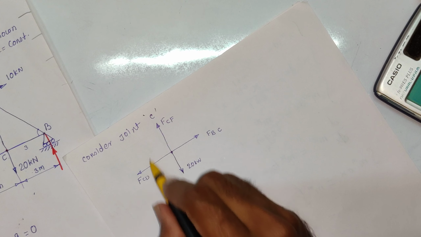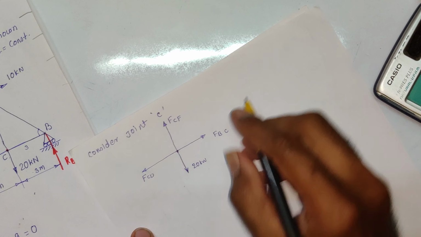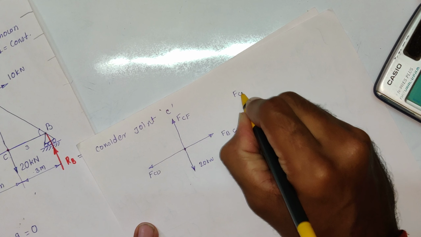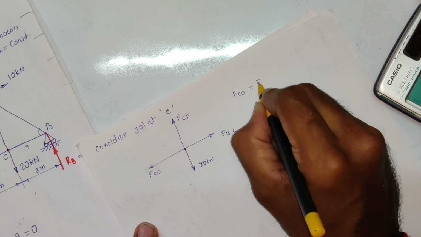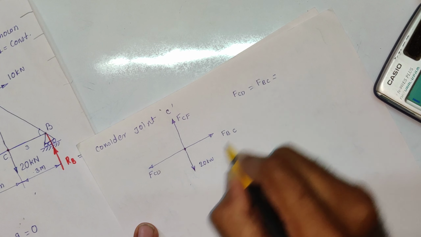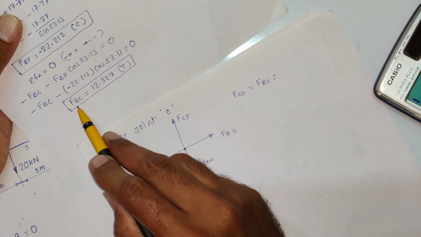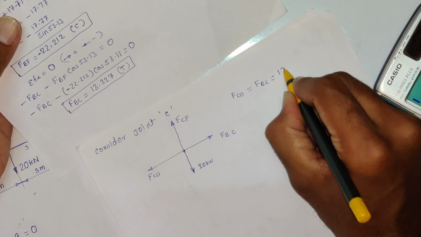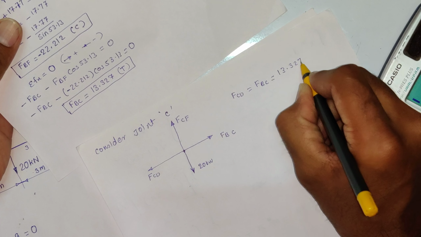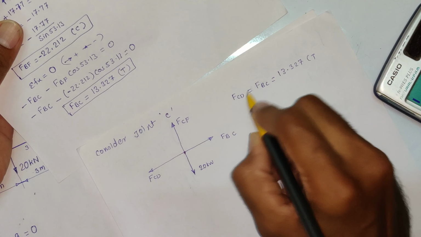So there is no inclined force, so we can directly write FCD is equal to FBC, and FBC, you can see, is 13.327 tension.